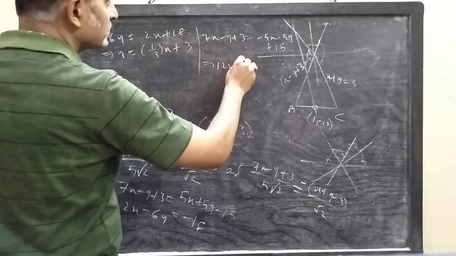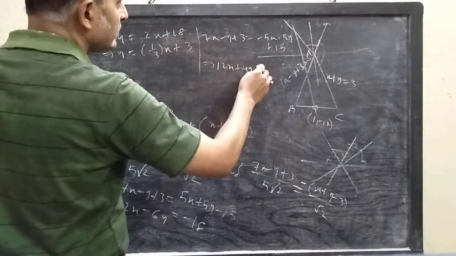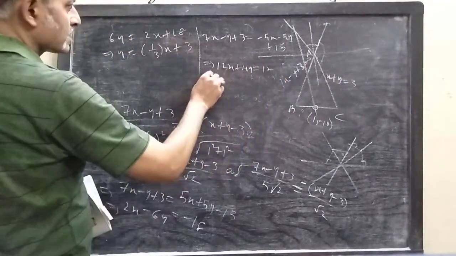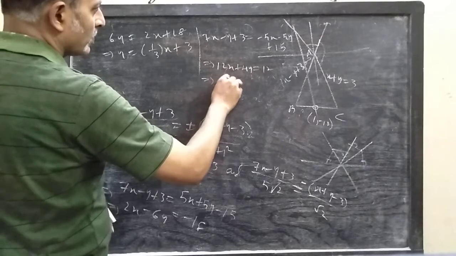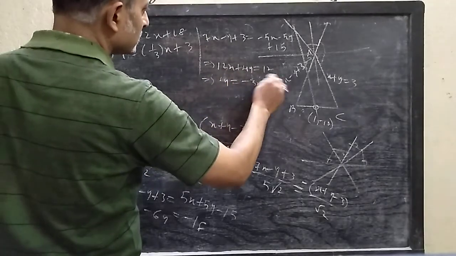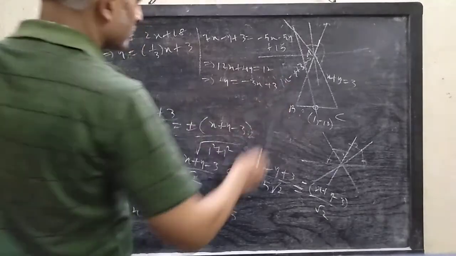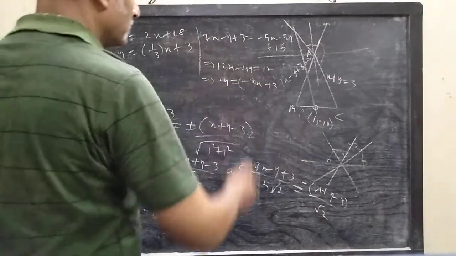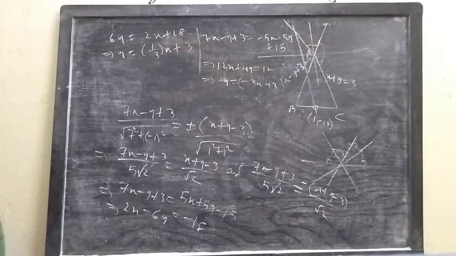That gives 12x plus 4y equals 12. So y equals minus 3x plus 3. This is the slope of the other bisector.